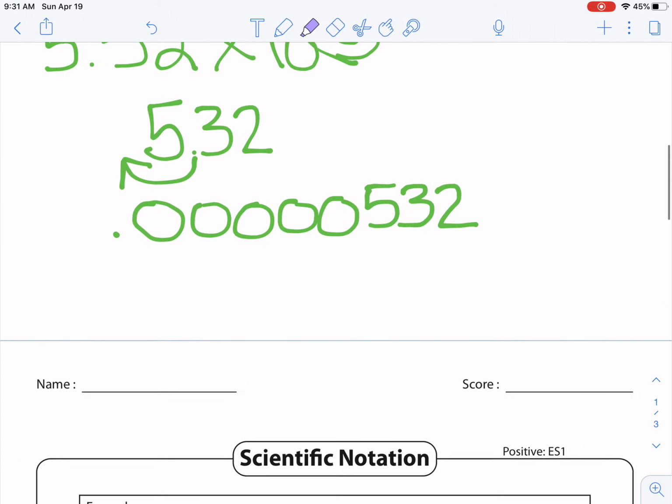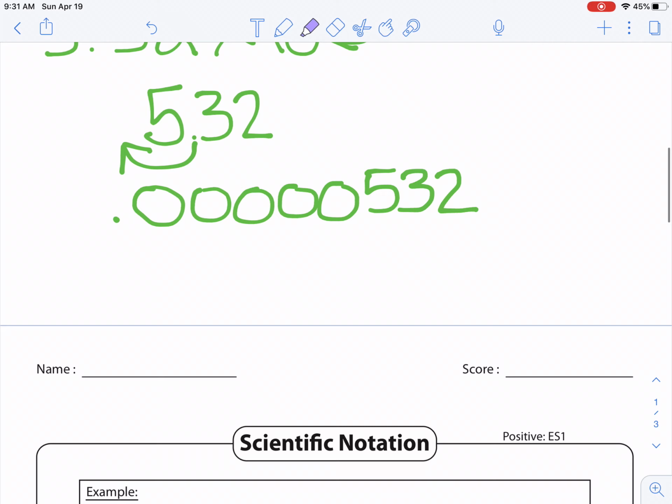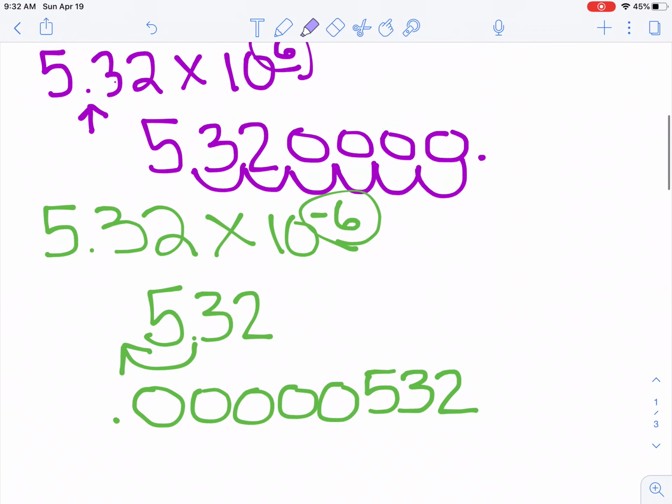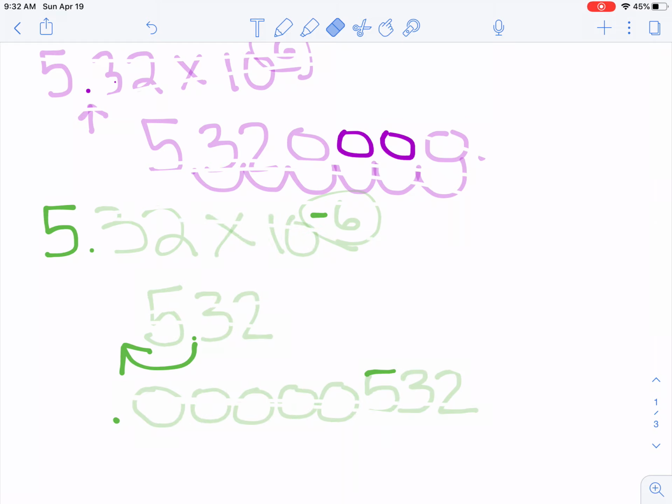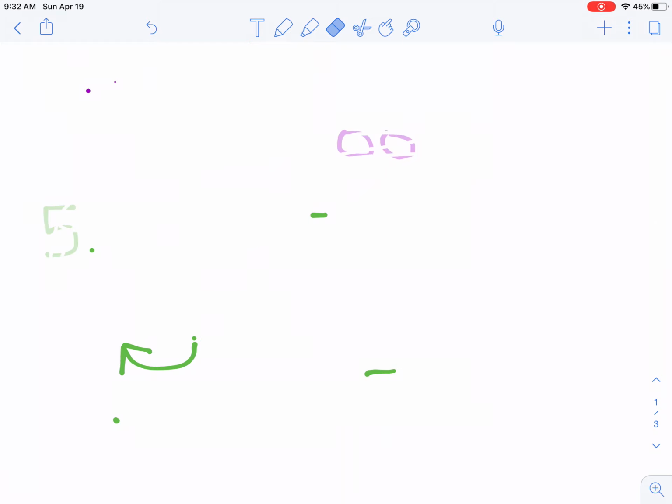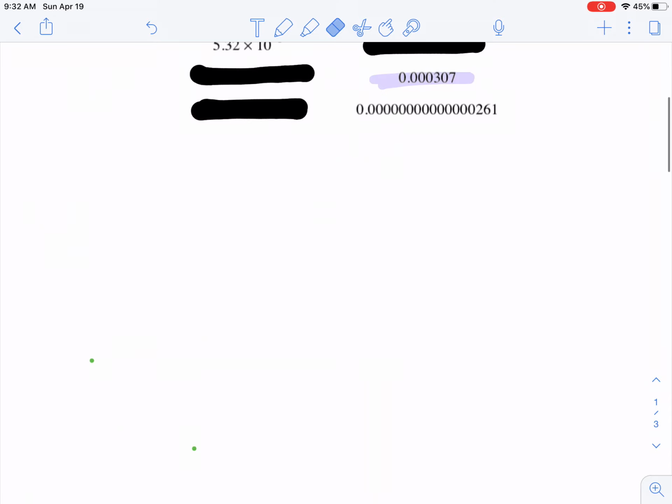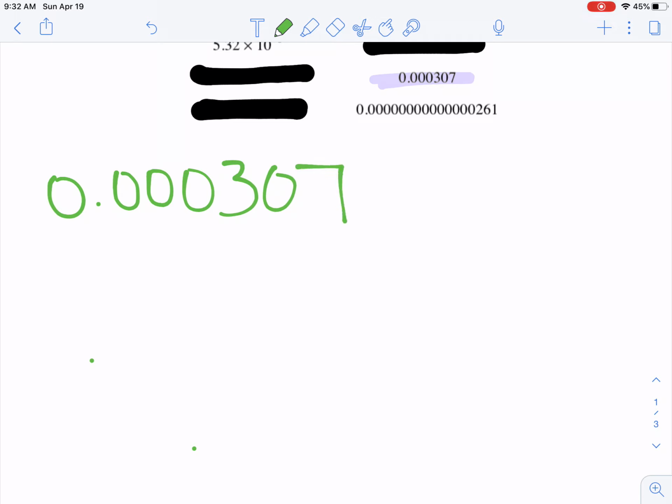I probably should have inserted another page, but I didn't. All right, so I have 0.000307. And I want to put it into scientific notation. So I need a number that's between 1 and 10.